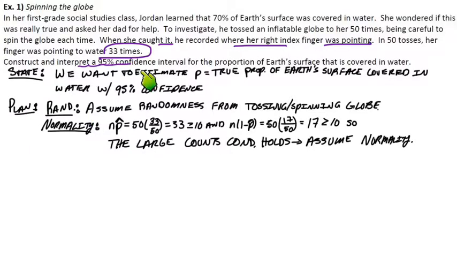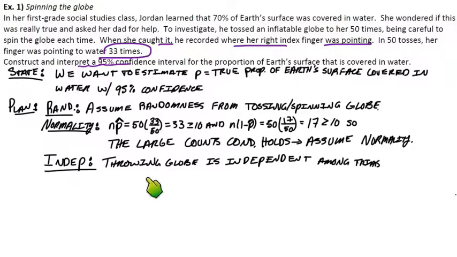So randomness, okay. Normality, okay. Independence in this case, well, it's not like we're sampling from a finite population, right? Just spinning the globe and catching it. So really, each catch of the globe should be independent of the next one, right? So throwing the globe is independent among trials. There's really not much more to say about that. Just like the globe doesn't have any memory, right?